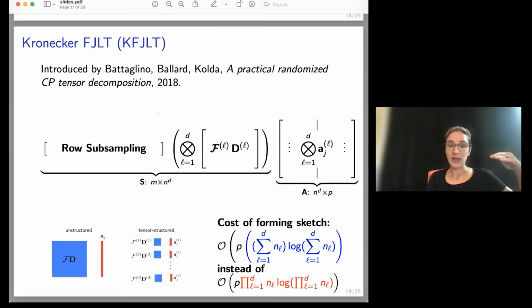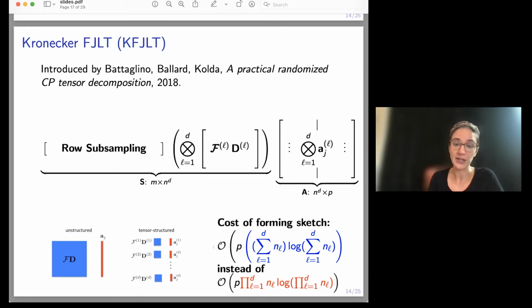It's not immediately clear, but if you work it through, you see that even though we're subsampling rows at random from the entire giant matrix, because of the distributive property of the Kronecker product, the action of this sketch on the input can be done only mode by mode of the tensor input A, so that we never have to explicitly form these tensorized vectors or the sketching matrix.